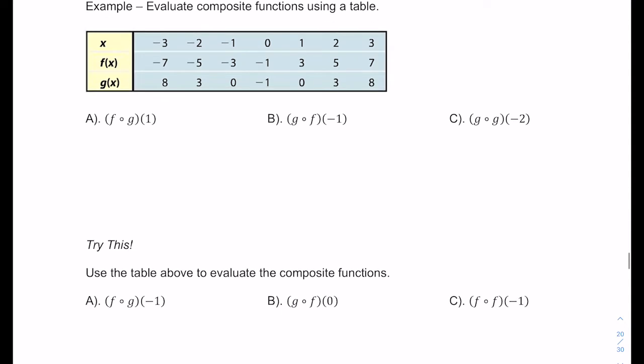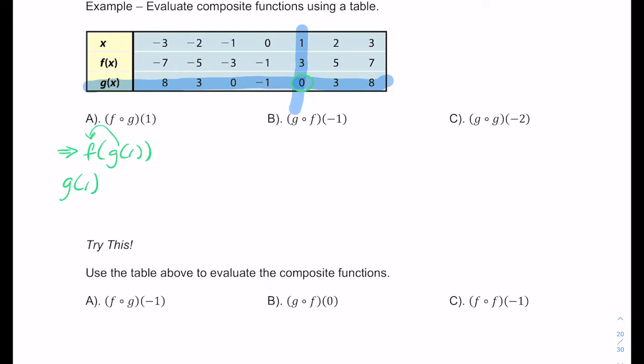In another example, we're going to look at a table, and we're going to use that to evaluate composite functions. So in letter A, we have f composed with g of 1. Which is just f of g of 1. So I'm taking g of 1, my answer for that, and plugging it into f. So first I need to find g of 1. And if I look at the g of x row, I need to find where g is 1.